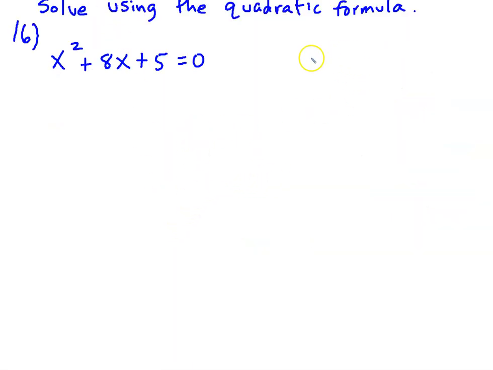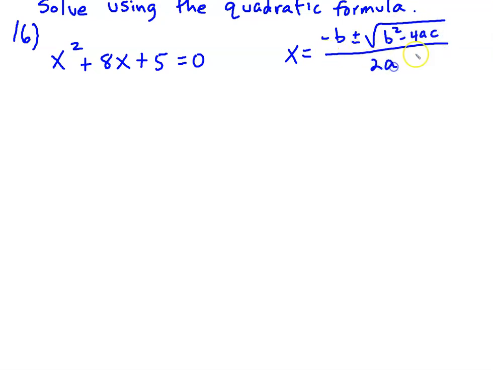Okay, using the quadratic formula, let me just write the quadratic formula. If you don't have this memorized, work on it. You're going to need it. So this is the quadratic formula. Make sure the equation is in standard form first. And I'll just go ahead and label the a, b, and c parts.